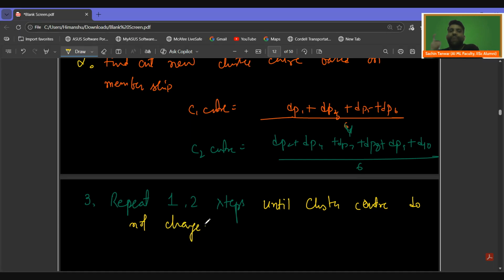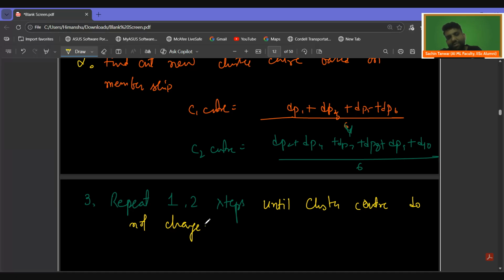So see, what would happen is every time I'm getting some membership change, that means from this cluster some points get assigned to the other, and vice versa. If this is happening, the cluster center would change. But if at any point the membership of all the existing cluster data points does not change, in that case the cluster center will also not change.